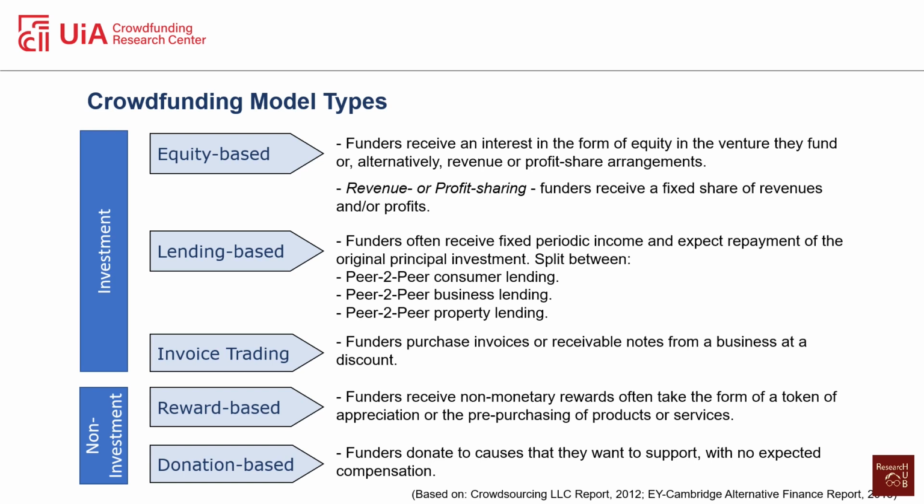This comes in the form of peer-to-peer lending, person-to-person lending, and can go into different purposes. It could go into supporting businesses in business lending, property lending into real estate and property development, or into consumer lending to replace other sources of consumer loans.